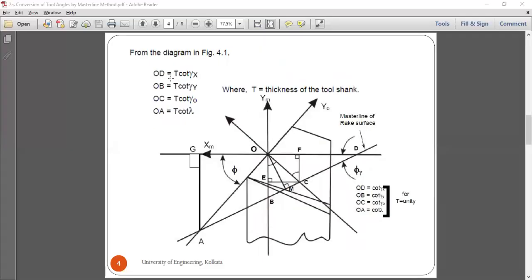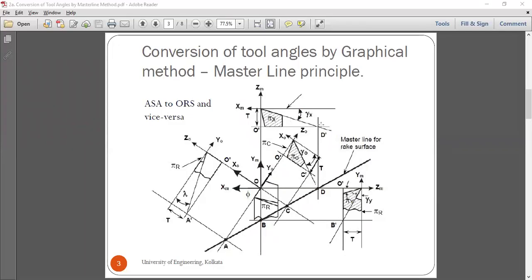So O dash D dash and OD are both the same, so they have been named OD, which is equal to T cot gamma x.